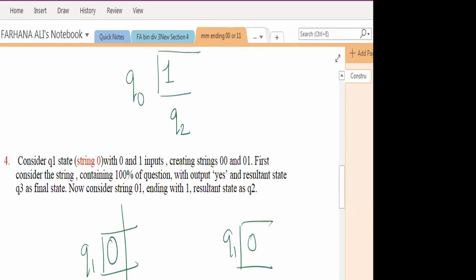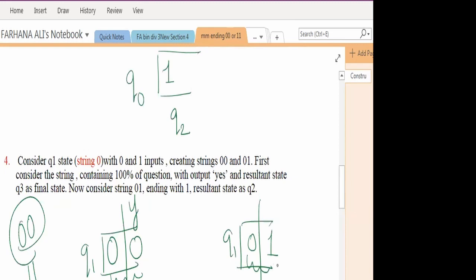So let us consider Q1 with the next input symbol 0, and with the next input symbol 1. If the next input symbol is 0, the targeted strings are double zero and double one, in which we got double zero. So this is what we needed. We will write the output as yes, and this condition will be marked as state Q3.